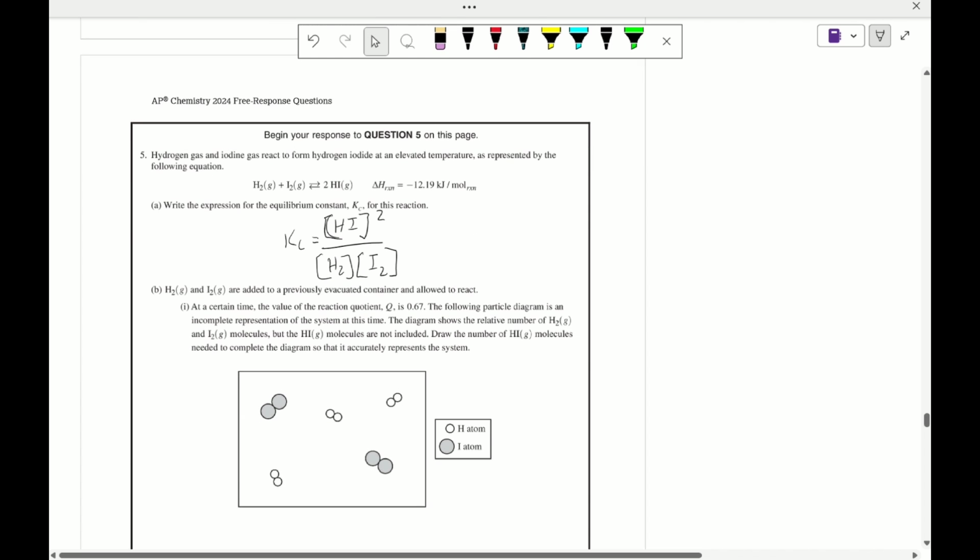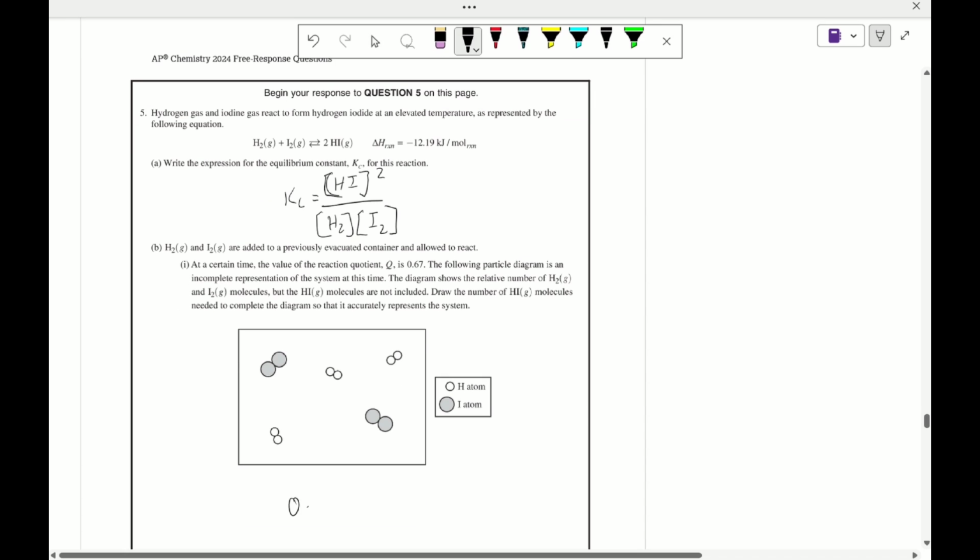And basically it's asking that the Q is 0.67, and the following particular diagram is incomplete. So we have 0.67 equals HI squared over 2 times 2, so we have 4 here. Not square rooted.